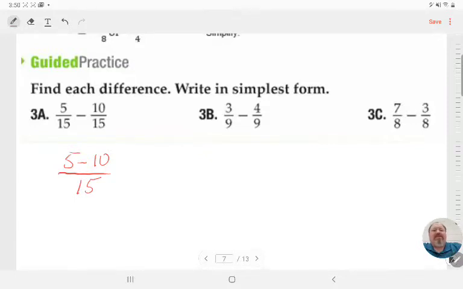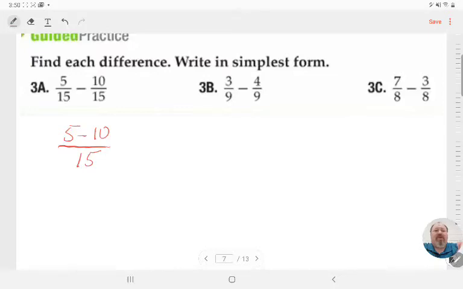Now when we did this, that is going to give me negative 5 over 15, which would give me negative 1/3, okay? Because 5 goes into 5 one time, 5 goes into 15 3 times, all right? And again, 5 minus 10, 10 is the largest absolute value, so it's going to be a negative number.